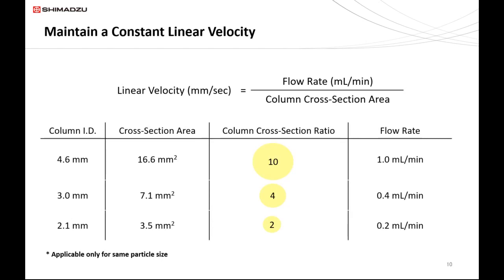And a 3 mm ID column would have a cross-sectional area of 7.1 mm squared. If you are running at 1 ml per minute on a 4.6 mm ID column, you would then need to run at 0.4 ml per minute on a 3 mm ID column in order to maintain a constant linear velocity and a similar separation profile.